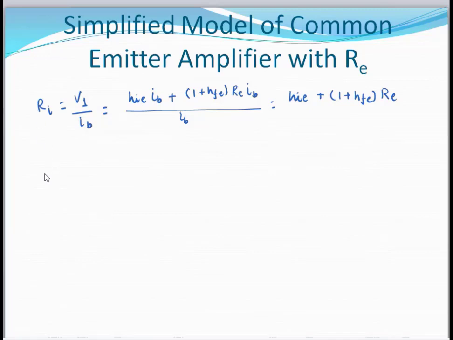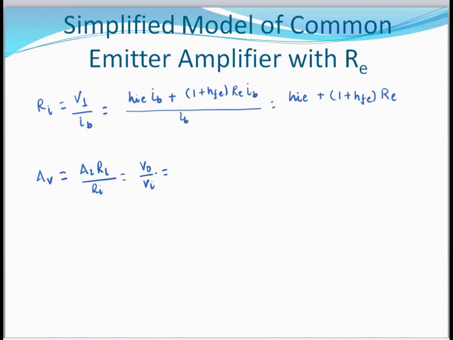We can now calculate the voltage gain. So AV is equal to AI RL by RI, and that is V naught by VI. We already know about AI.